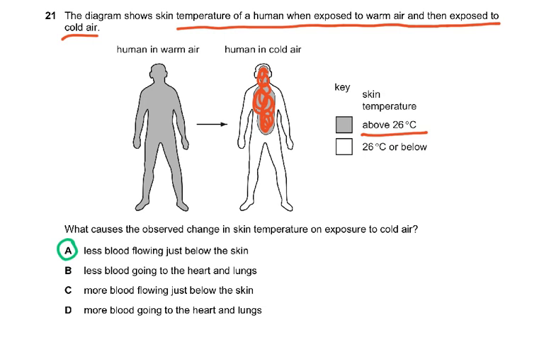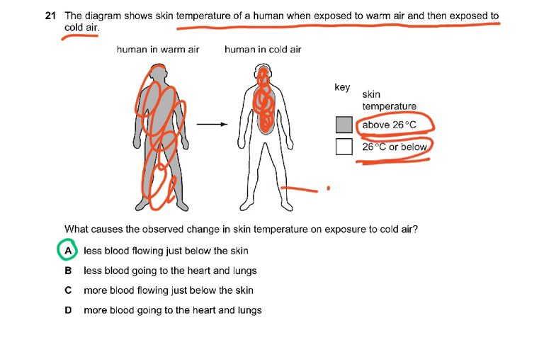And then in warm air, the whole body was about 26. The one which was white was 26 degrees or below, and this is the one we were looking at in cold air.